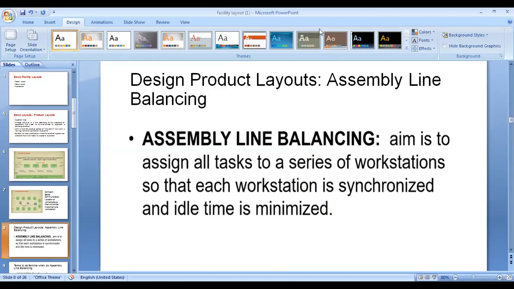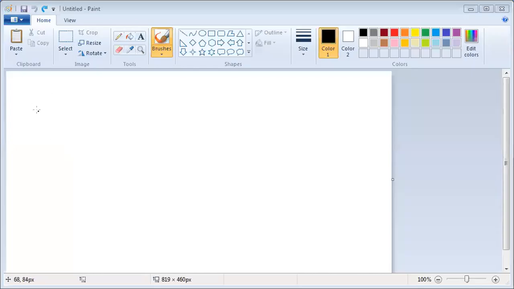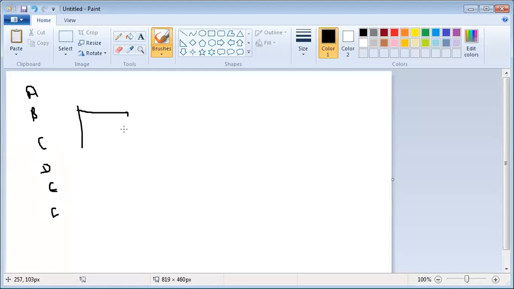I'll show you. In a particular production line, there would be several tasks happening: A, B, C, D, E, and F. There would be workstations.